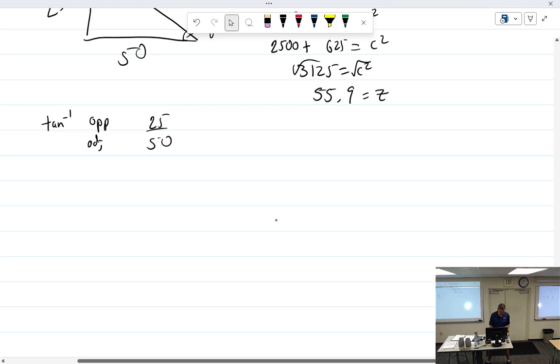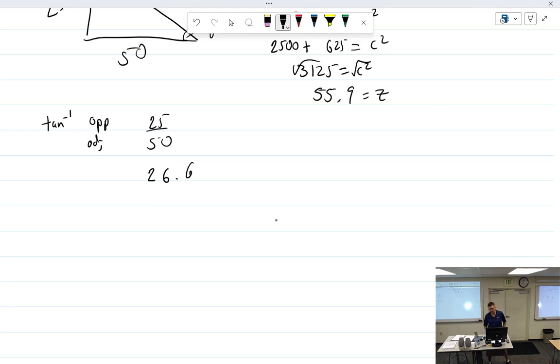Let me see, second, tan minus 1. What'd you get? 26.6. So I'm going to go with 1 decimal place.